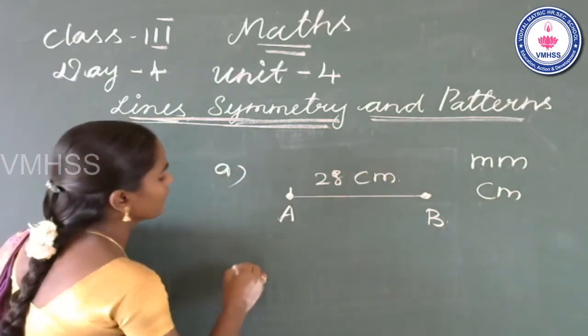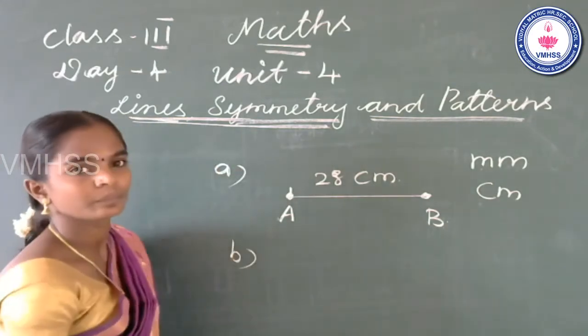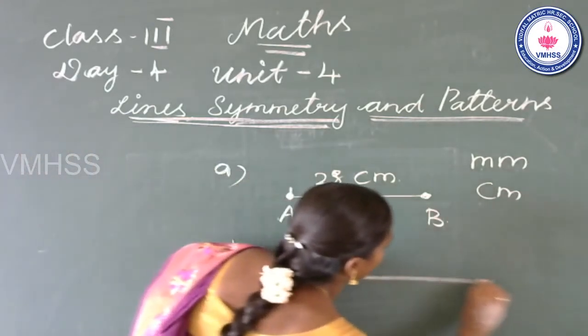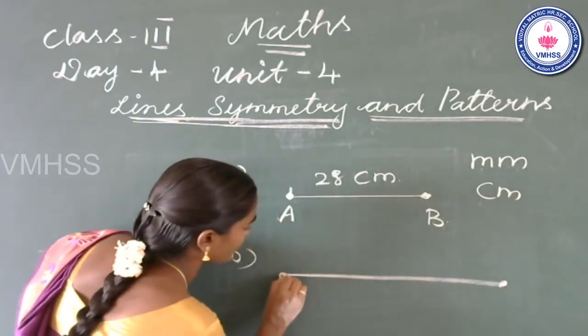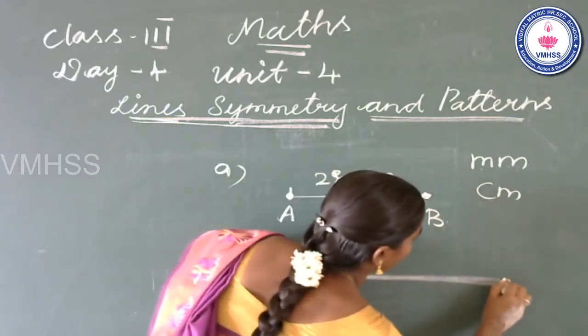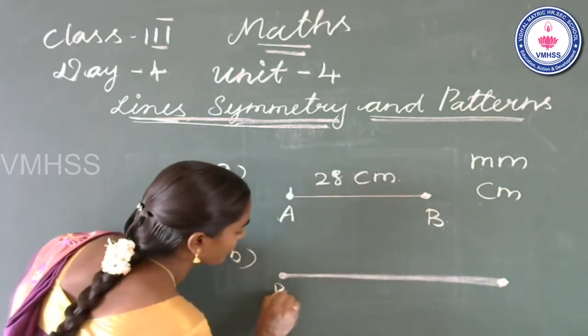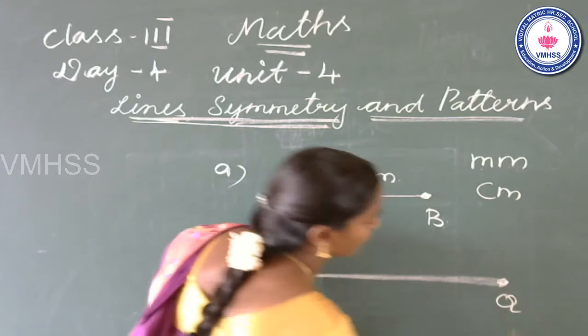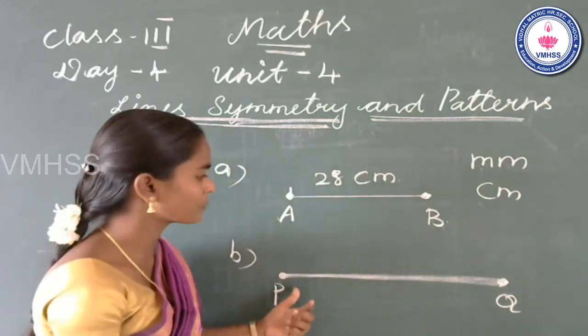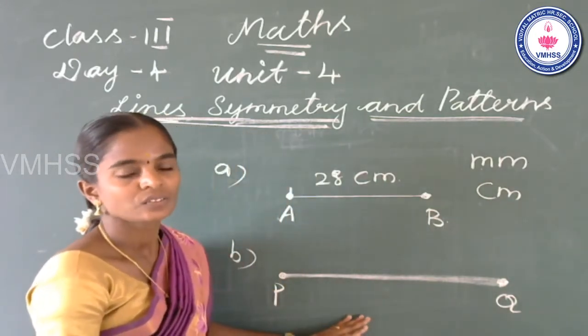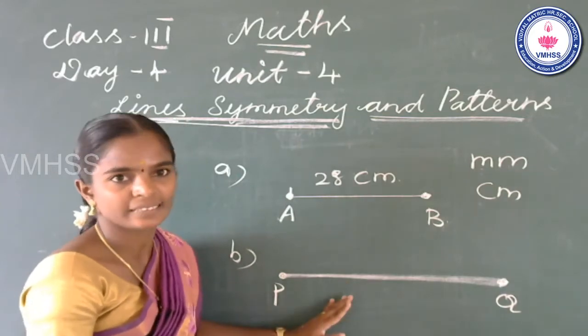Next, second question, listen here. One line segment is given. It is named P and Q. This line segment is PQ. Now we measure the line segment.